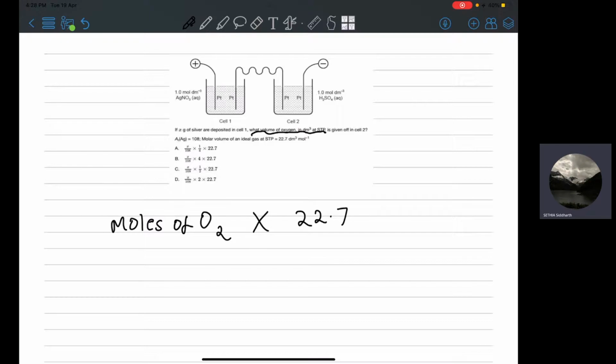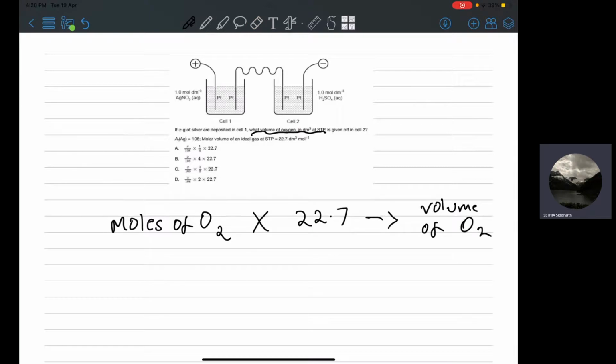You multiply the number of moles by 22.7. Now remember, you can't do this for a gas which is not at STP. You can only do this for a gas which is at STP. So it's pretty simple when a gas is at STP. However, often in experiments this is not the case. But anyways, this is the formula to calculate the volume of oxygen in this question.